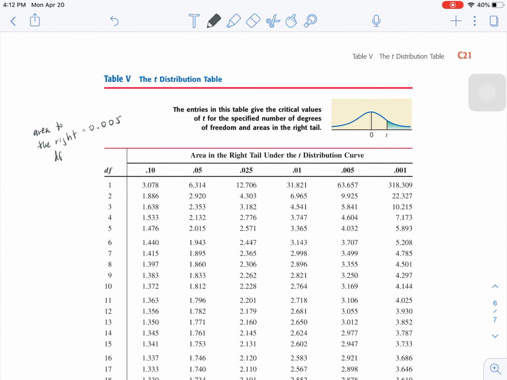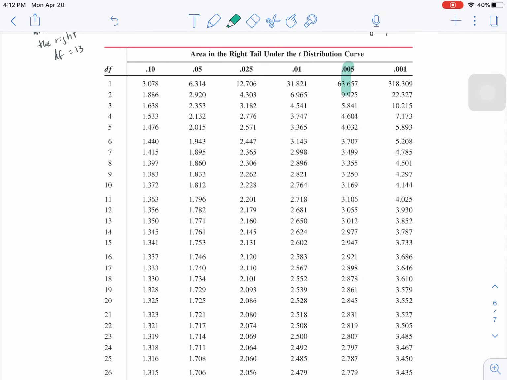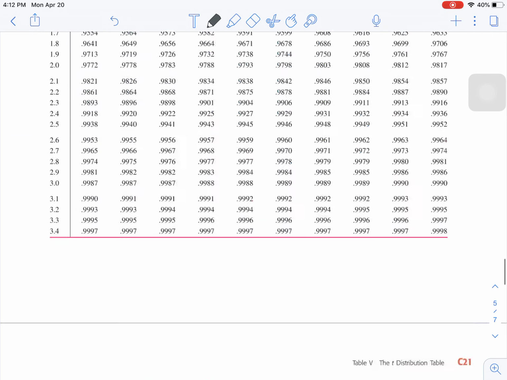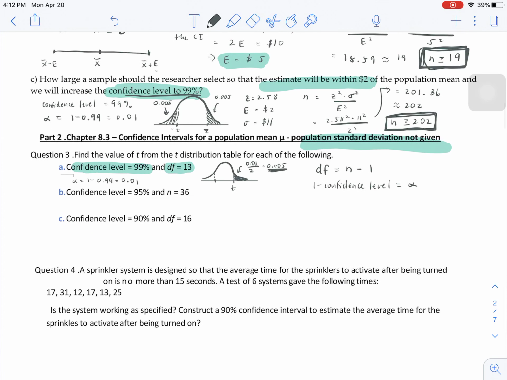So I want df equals 13. So I look at this column and I go down to degrees of freedom equal to 13. You'll notice that's what this column is. And I find that the t statistic value corresponding to that is 3.012. So I know that my t statistic is 3.012. And that's it for this question.